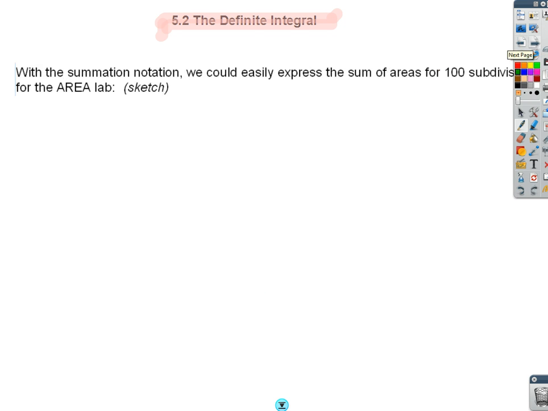So now that we have this, we could easily express the sum of an area of 100 subdivisions for that same process. 100 subdivisions. Okay, so notice what we came up with before.